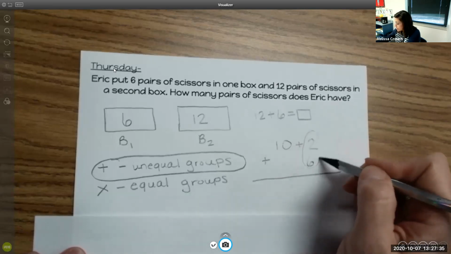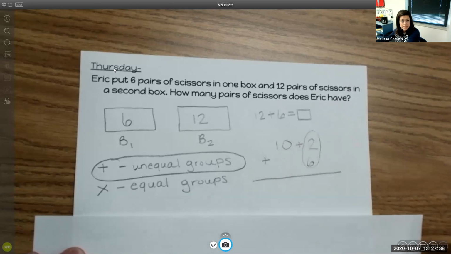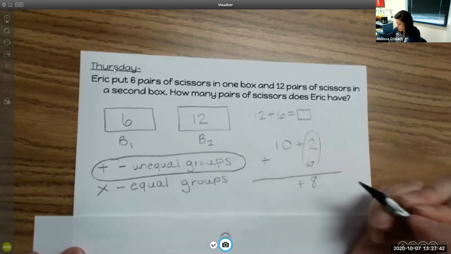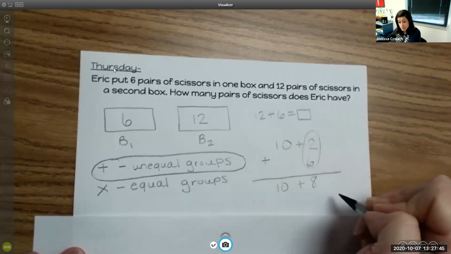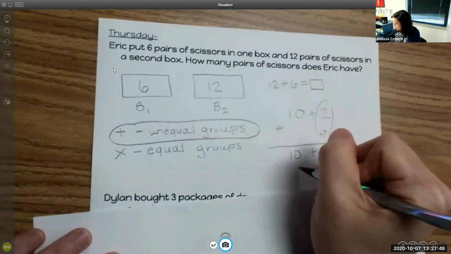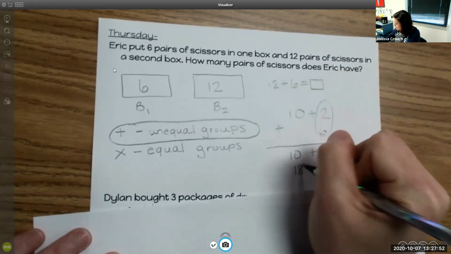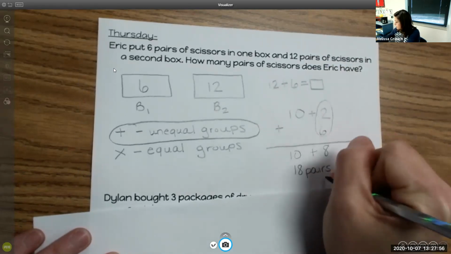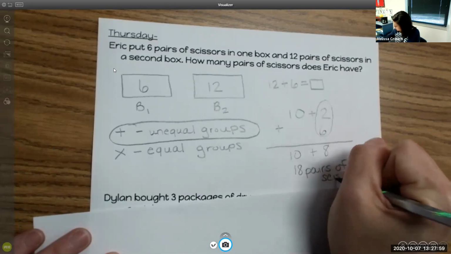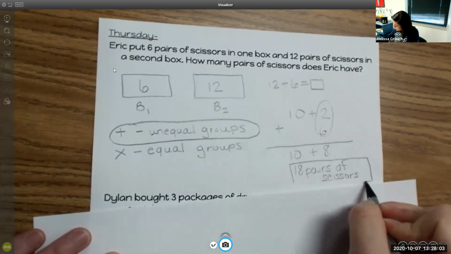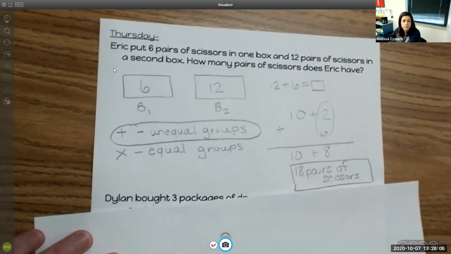We start with our 1s. 2 plus 6 is 8. And then 10 plus nothing is 10. It's an expanded form. We put it back into standard form. We get 18 pairs of scissors. And we box our answer. Not too bad, right? Okay, let's try the next one.